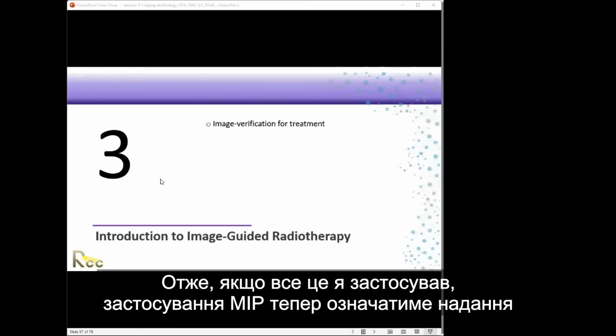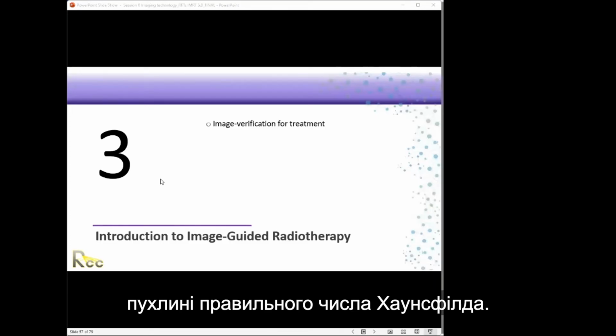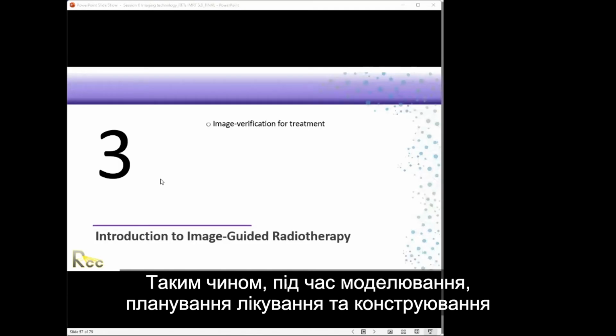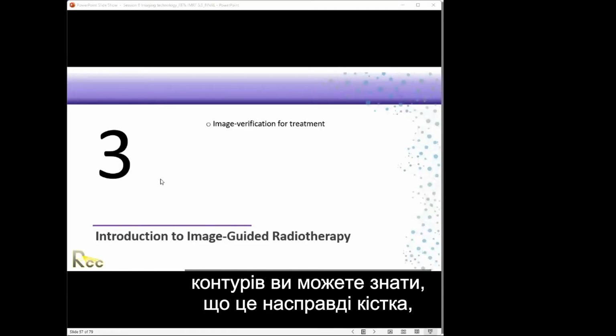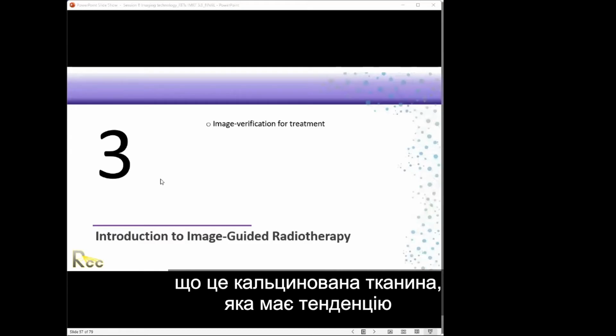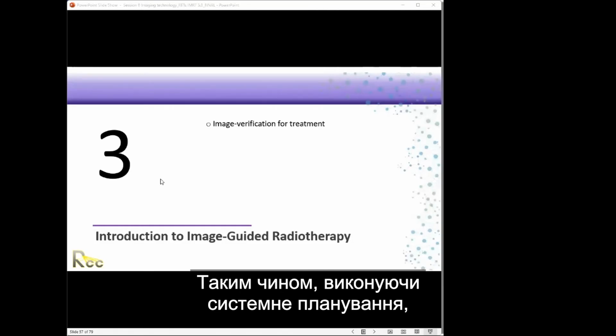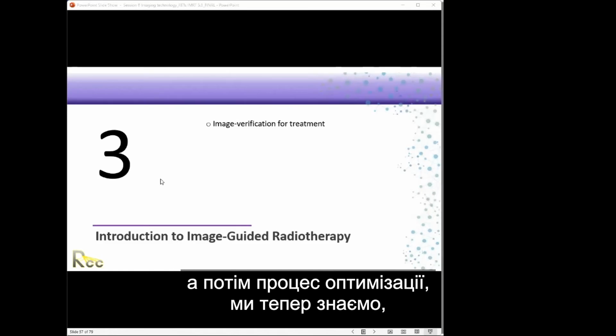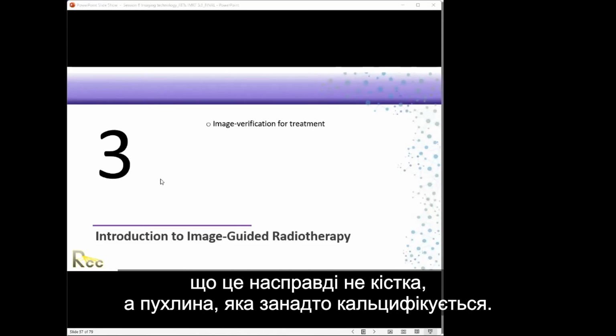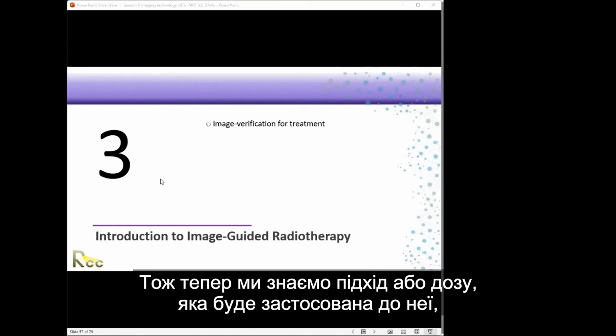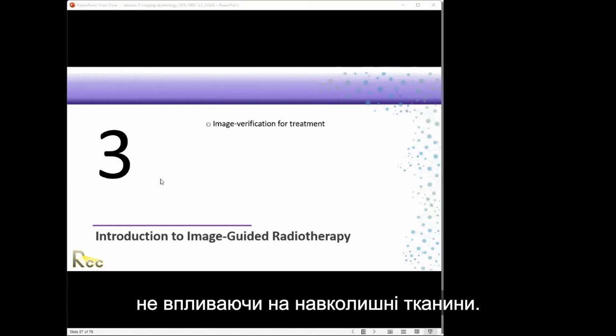Applying MIP will mean giving it the right Hounsfield number, so that when doing simulation, treatment planning and contouring, you can know that this is actually a calcified tissue tending towards a bone, which may be cancerous. So when doing the planning and the optimization process, we know this is not actually a bone, but a tumor that's getting too calcified. So we now know the dose that will be applied to it without affecting the surrounding tissues. So that's my own idea.